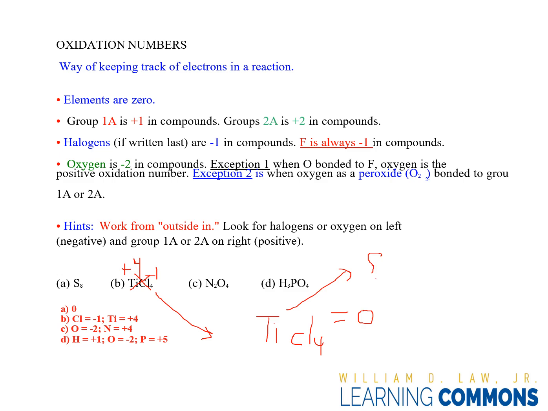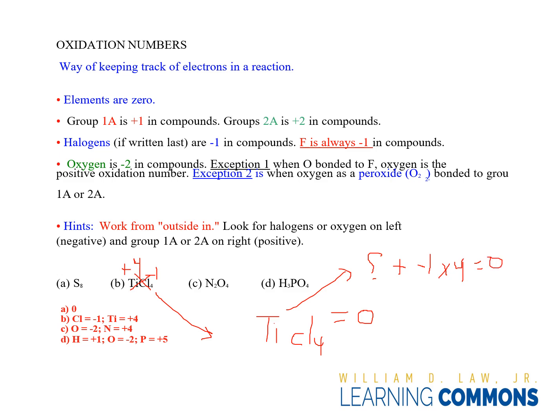If I add it with the charge of the halogen chloride, minus 1, multiplied by the 4, it gives me equal 0.